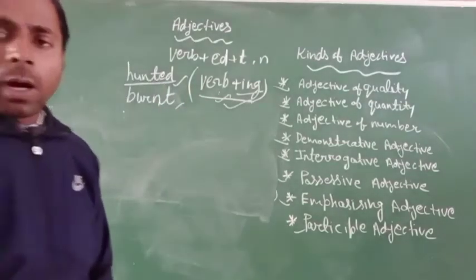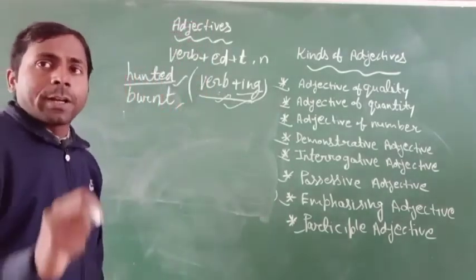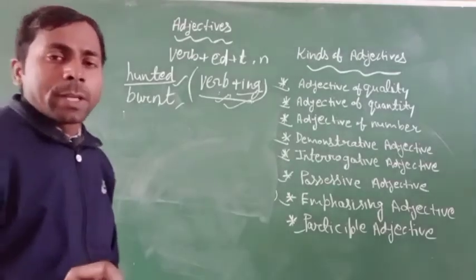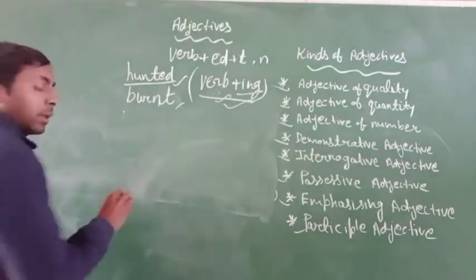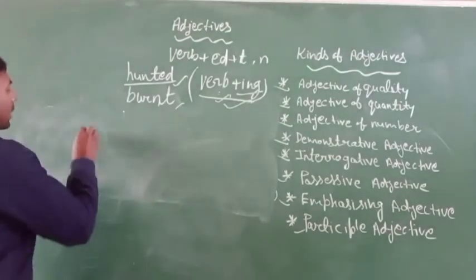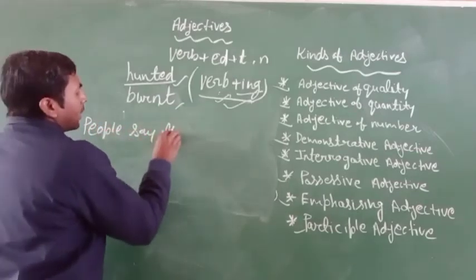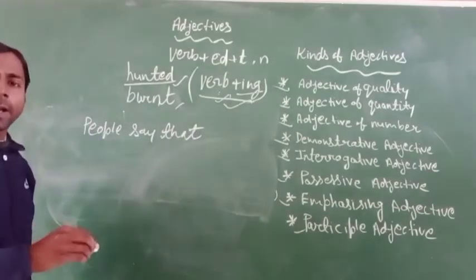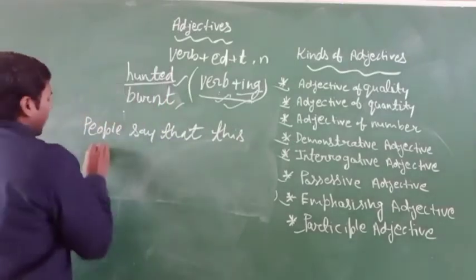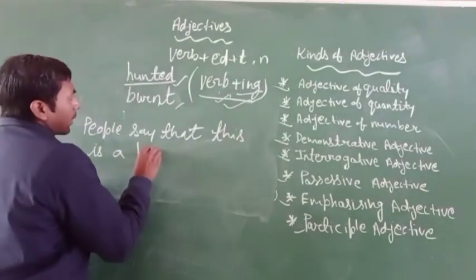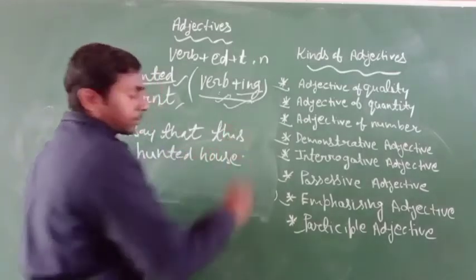I think you understand the present participle adjective, and now you have to understand the past participle adjective. I gave an example: People say that this is a haunted house.